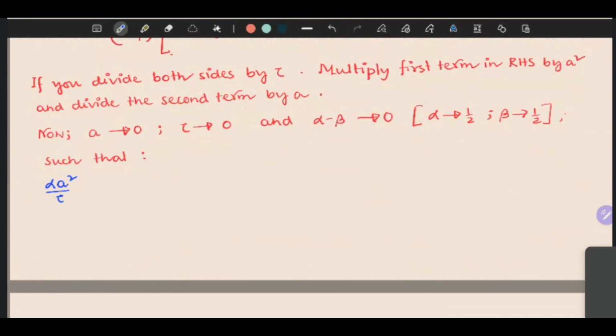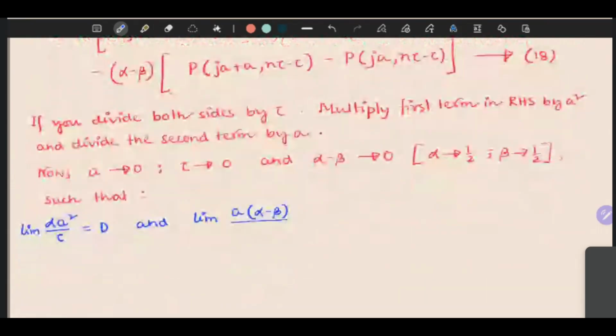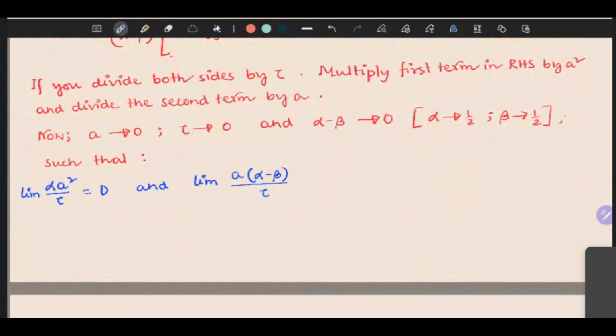Then let's say using limit, this becomes d, and limit a alpha minus beta by tau becomes c.